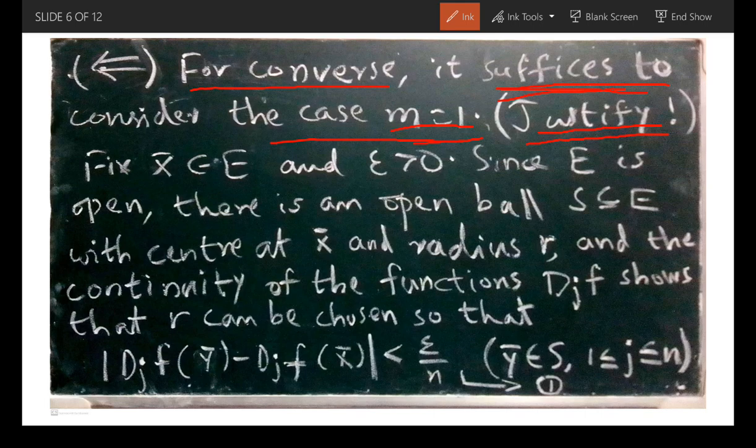Now what is our assumption for the converse part? Our assumption is all the partial derivatives are continuous. And what I have to show? F is continuously differentiable. So to prove f is continuously differentiable, first you start with an x in E and epsilon greater than 0, and you want to show norm of f dash of y minus f dash of x is less than epsilon.